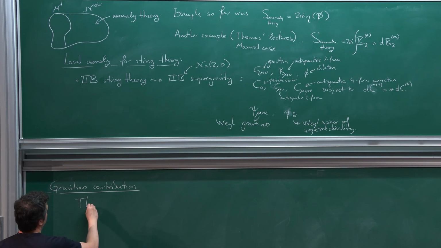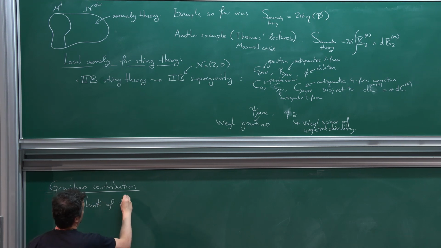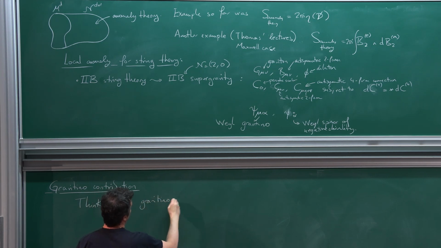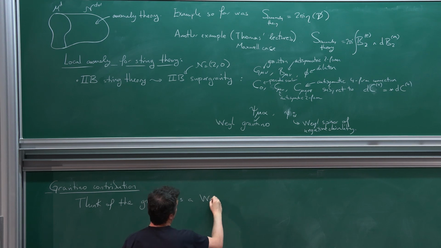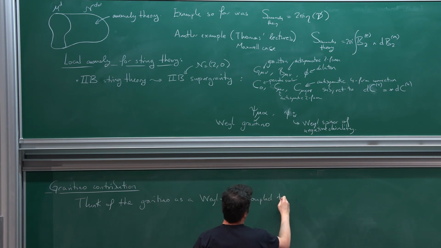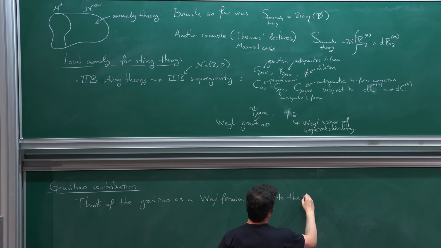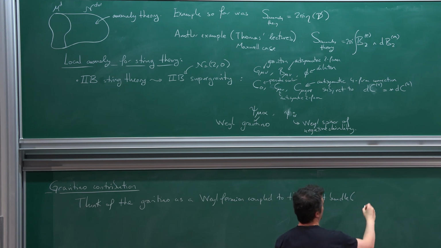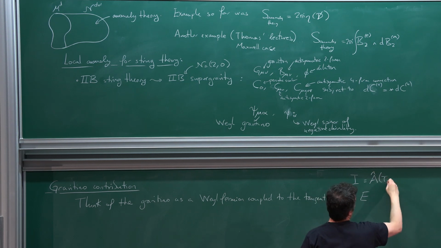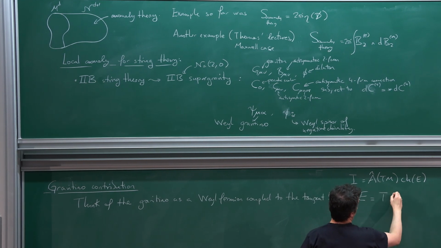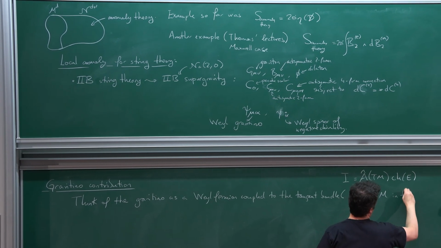So think of the gravitino as a Weyl fermion coupled to the tangent bundle. And by this, what I mean precisely is in my formulas, I'm going to choose E. So remember that my I for a fermion was A hat of the tangent bundle of my manifold times the Chern character of E. E is going to be the tangent bundle in the vector representation.